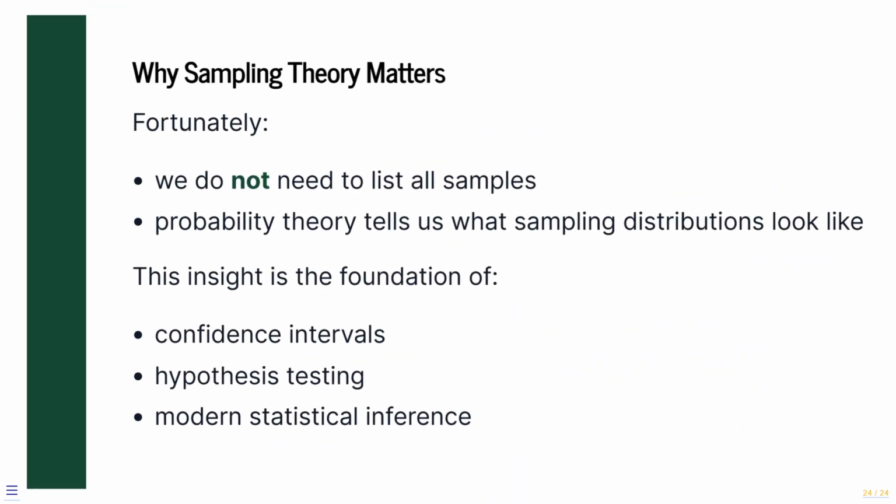Fortunately, probability theory provides powerful results that allow us to understand sampling distributions without listing every possible sample. These theoretical results form the foundation for confidence intervals, hypothesis testing, and much of modern statistical inference. As we move forwards, the concept of the sampling distribution will become one of the most important tools in your statistical toolkit.